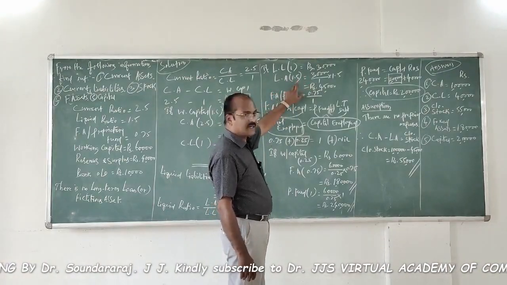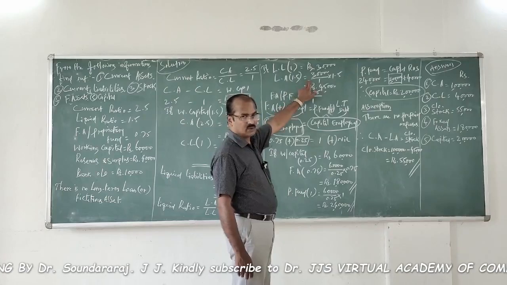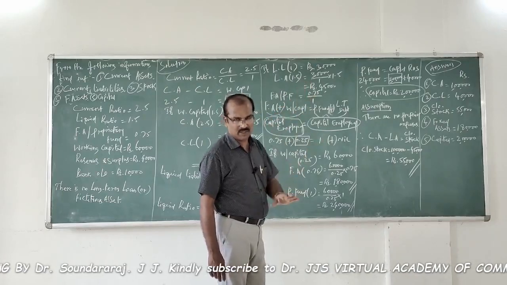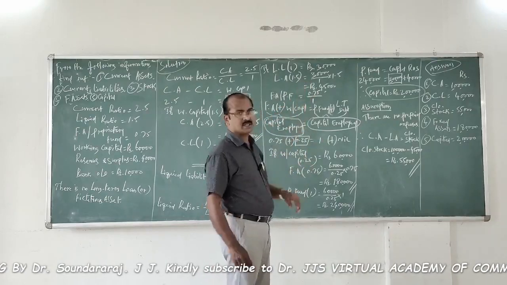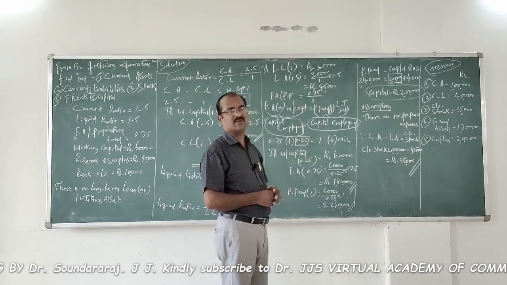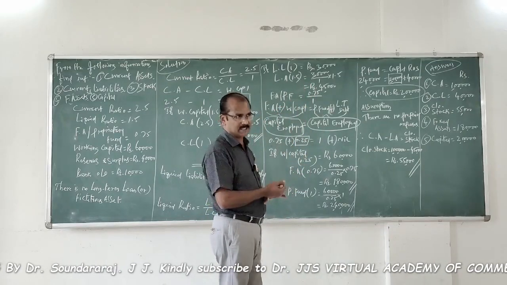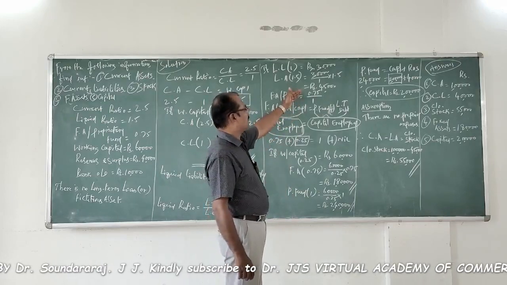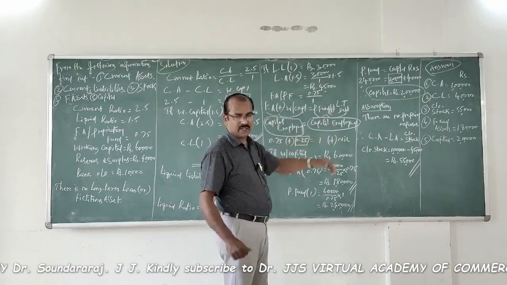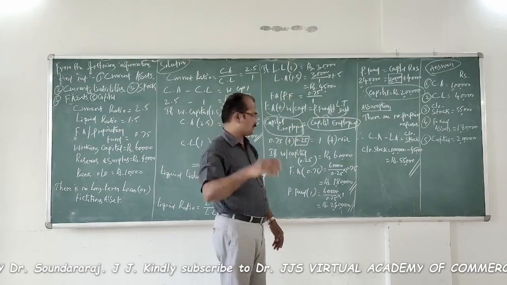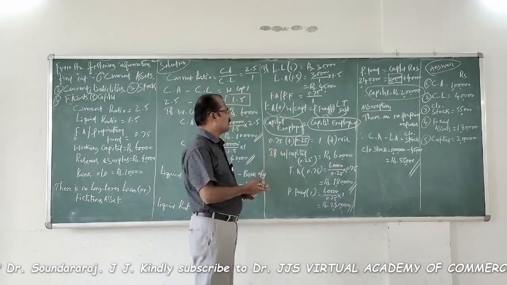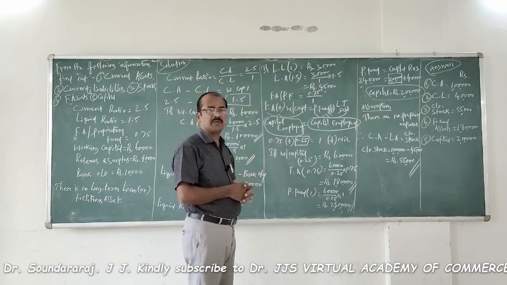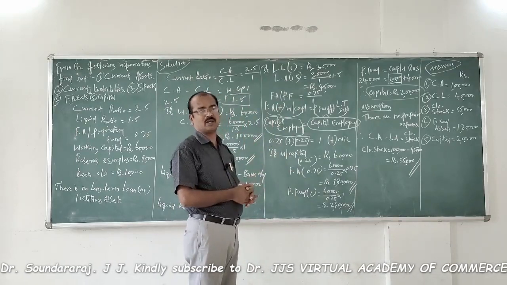Liquid assets with the weight of 1.5 is equal to 30,000 divided by 1 into 1.5. It gives us 45,000 rupees. That's the value of liquid assets. We will continue that particular working later when it's required to calculate the stock. Now let's get into the very important part of this particular problem.